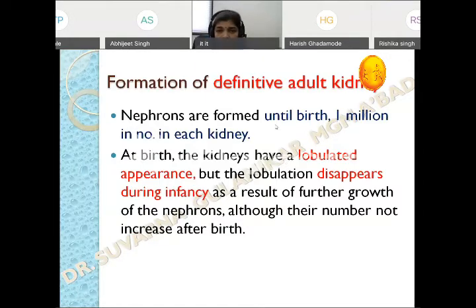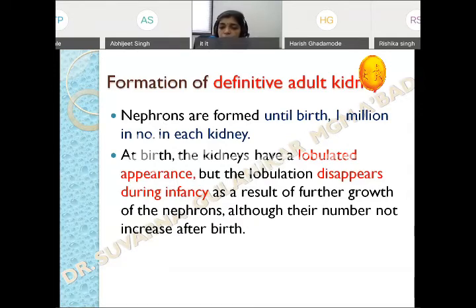Until birth, the nephron number is almost 1 million, and this number remains fixed. After birth, the number does not increase, but the kidney has a lobulated appearance. This lobulated appearance will disappear by the age of 1 year, that is around infancy. How does it disappear? By the further growth of these nephrons.